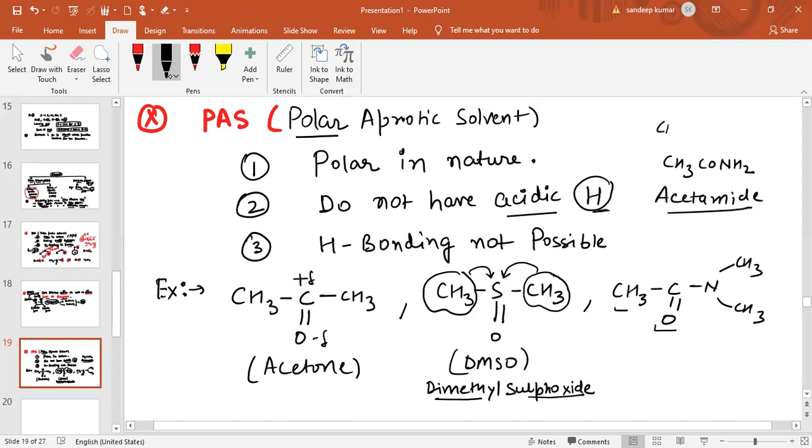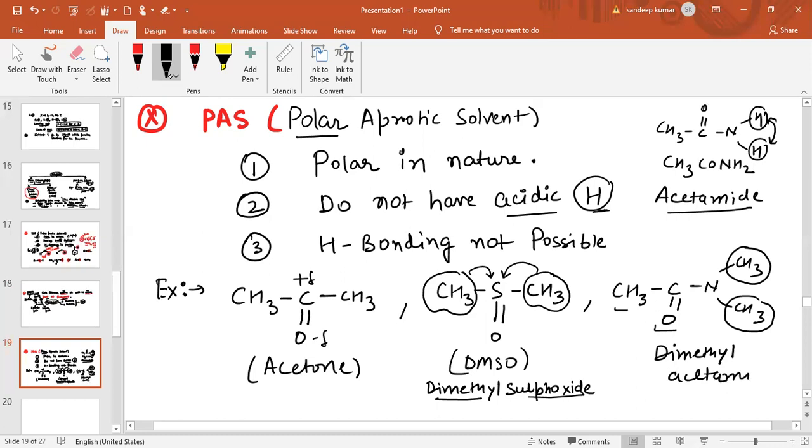We can see that acetamide bears two hydrogen atoms on nitrogen. When these two hydrogen atoms are replaced by methyl groups, we call the compound dimethyl acetamide, or DMA.